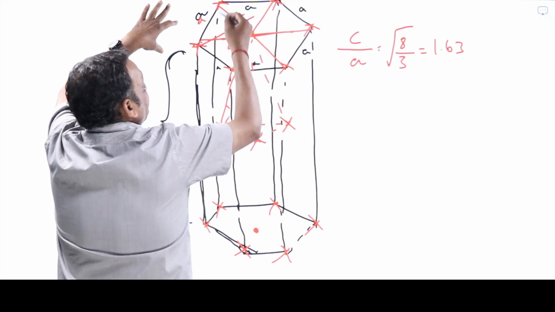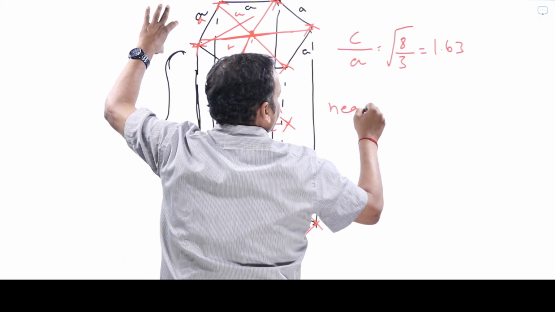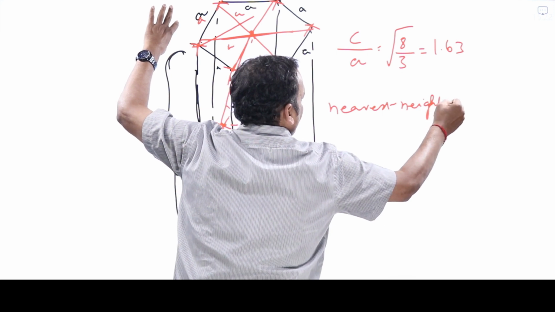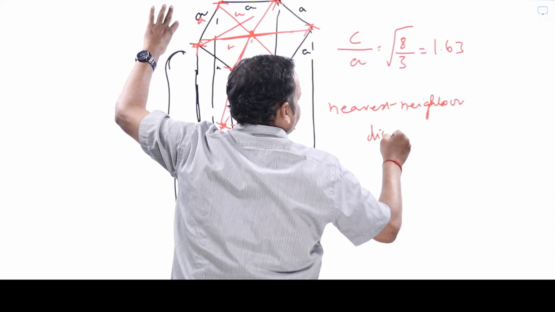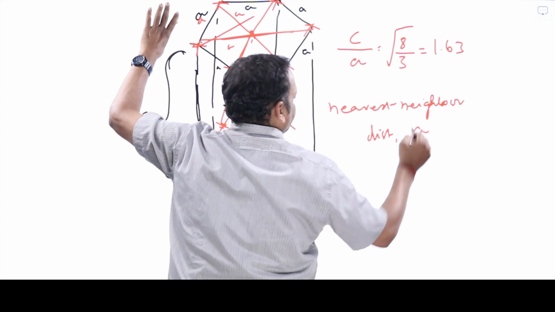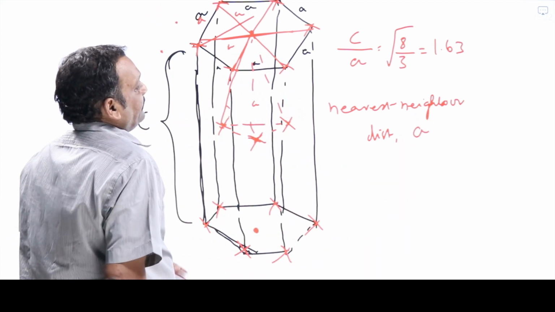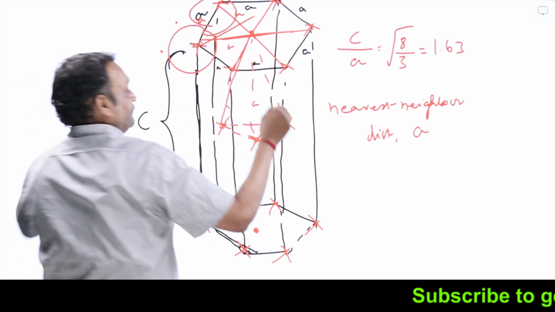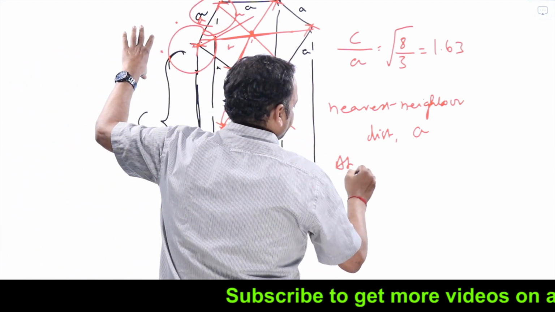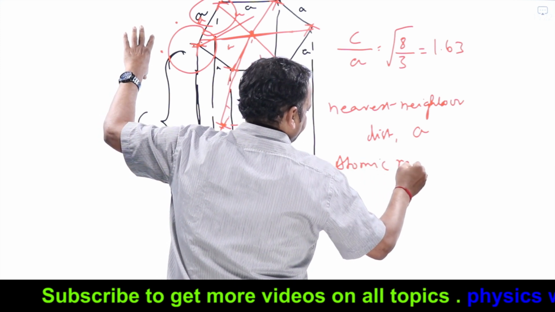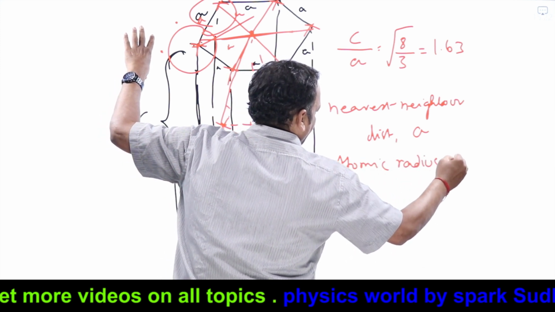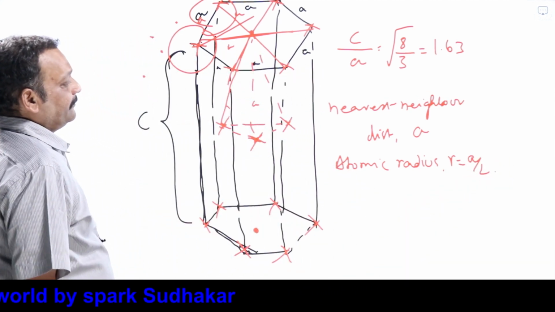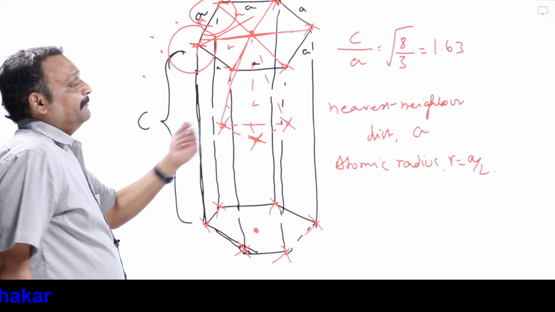So nearest neighbor distance is nothing but A. When nearest neighbor distance is A, atomic radius will be A by 2. Atomic radius R is equal to A by 2. Next one, coordination number.